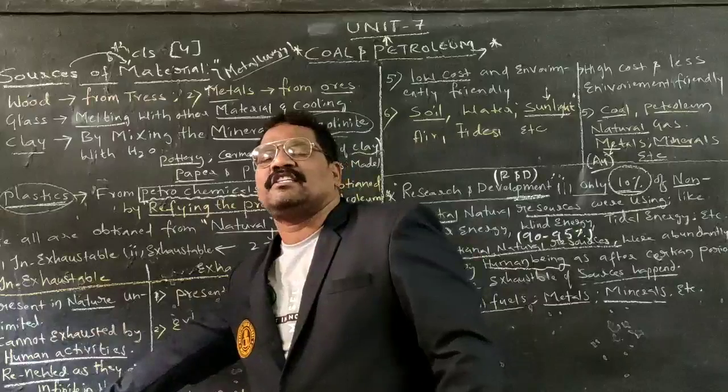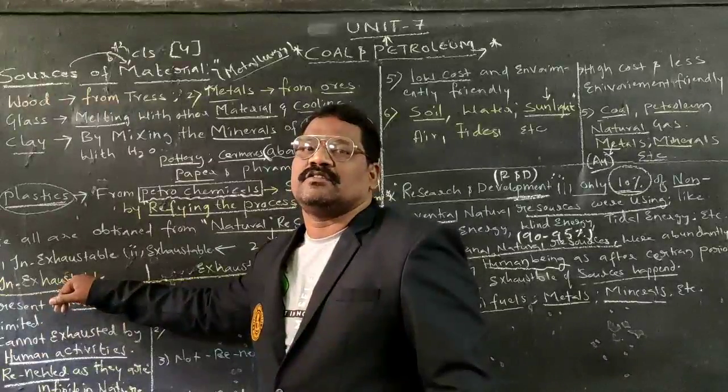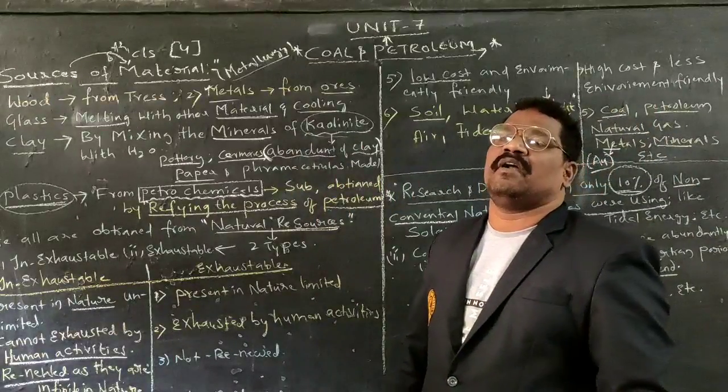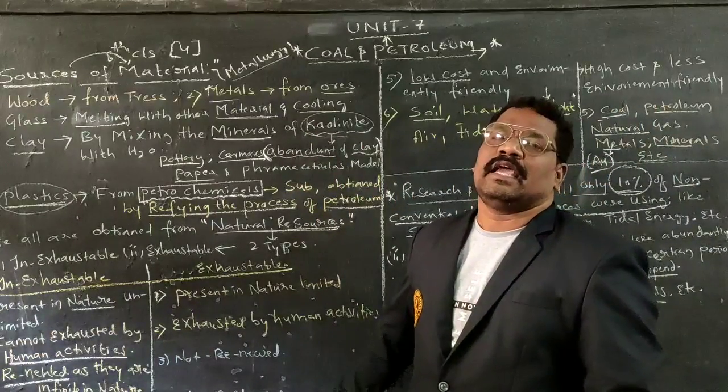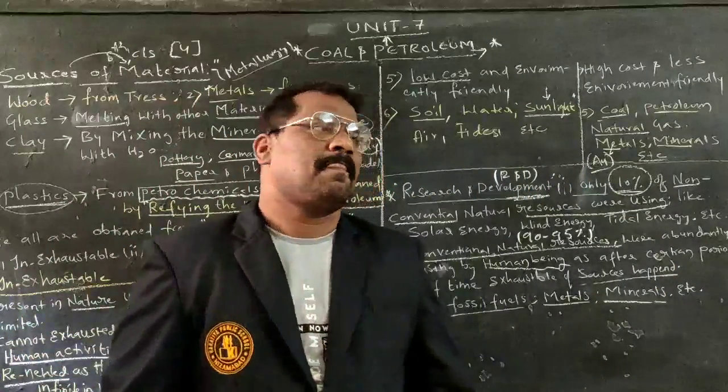Inexhaustible natural resources can be replenished quickly, but exhaustible resources cannot be replenished quickly. They can only be processed slowly.